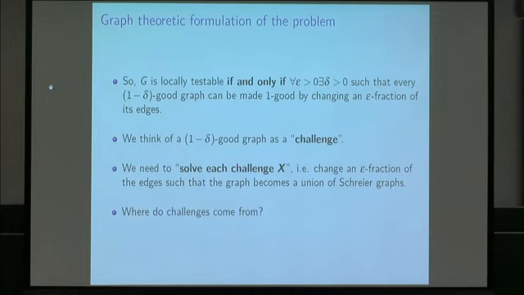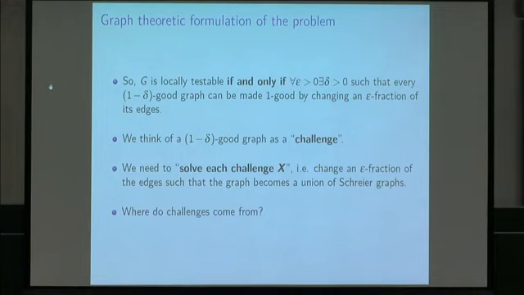So this is not something which should always be true. I'm thinking of such an almost good graph as a challenge that I need to solve. And solving this challenge is exactly changing just a really small part of its edges, so it becomes a union of Schreier graphs of G. Okay.